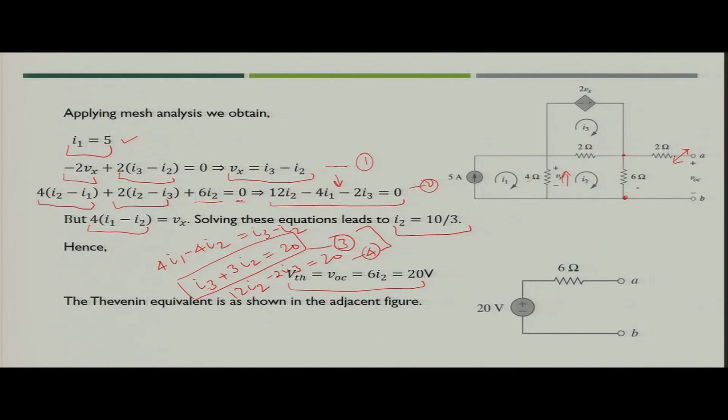So, the voltage drop across 6 ohm resistance would be the value of Thevenin voltage. So, we get VTH is nothing but VOC equal to 6 times I2, nothing but 20 volt. So, now we have got VTH, we have got RTH. So, our Thevenin equivalent circuit will look like this, where 20 volt the voltage source would be in series with 6 ohm resistance.